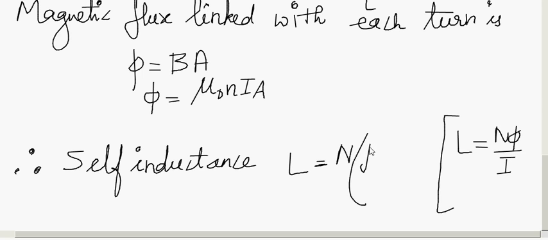That is mu naught n I into A, divided by I.